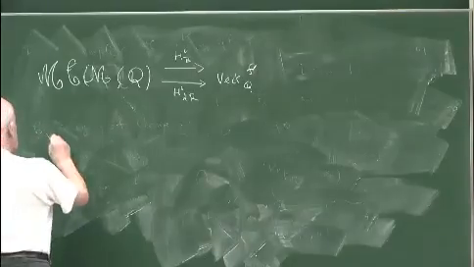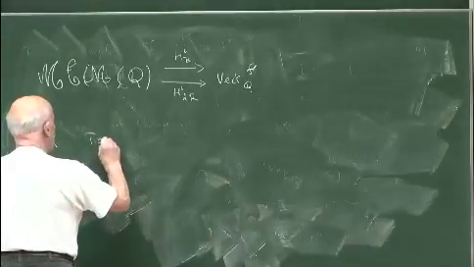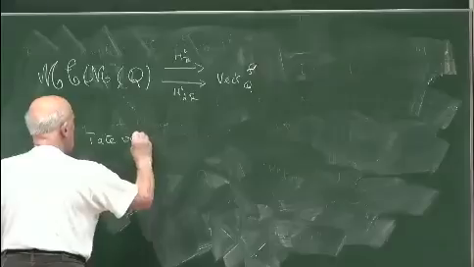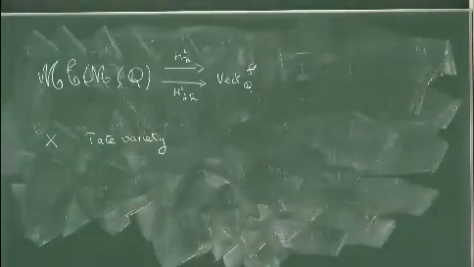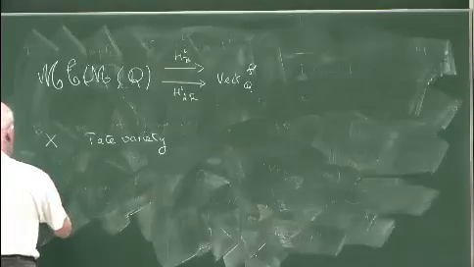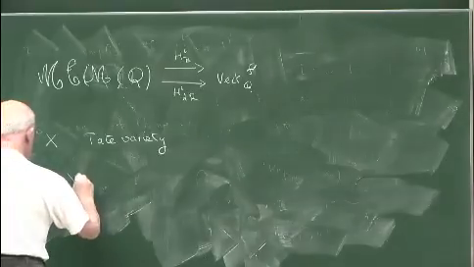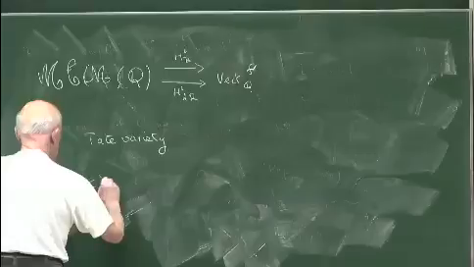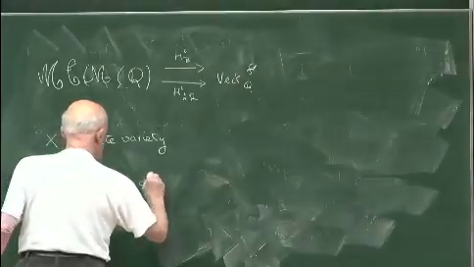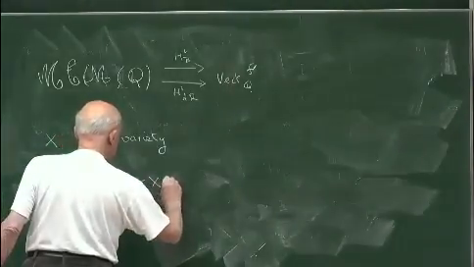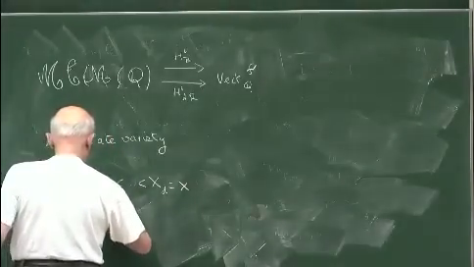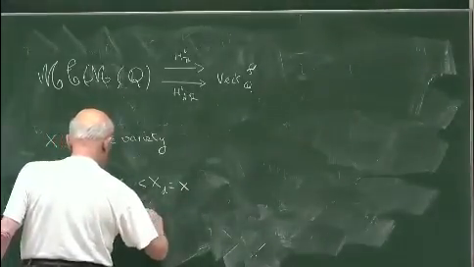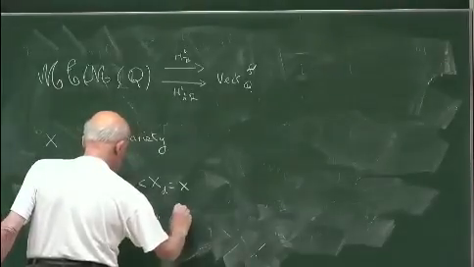Furthermore, if X is what I call a Tate variety, what is a Tate variety? It's a variety which has the following property: X_0, X_1, X_2, up to X_D, which is X, where X_i is a closed subvariety of dimension i.